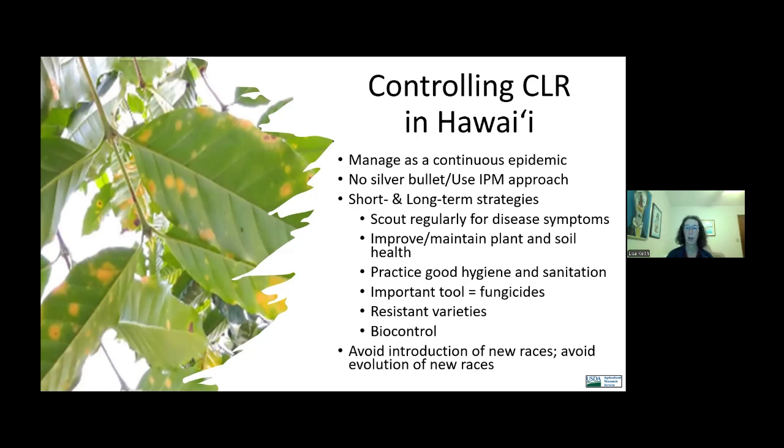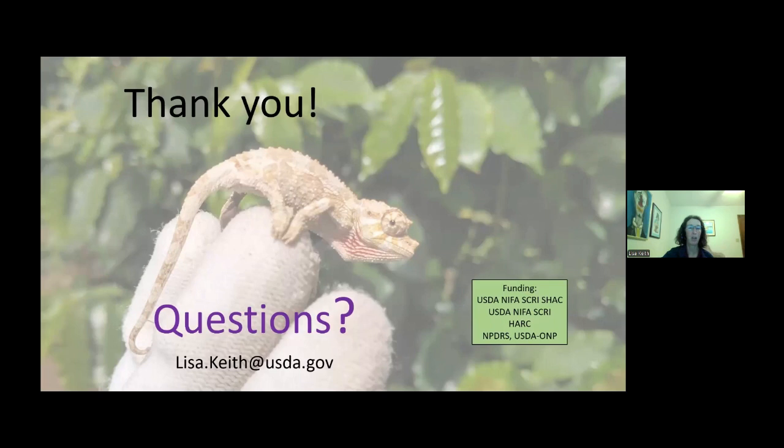And we're definitely trying to avoid the introduction of new races or the evolution of new races which could overcome resistance.